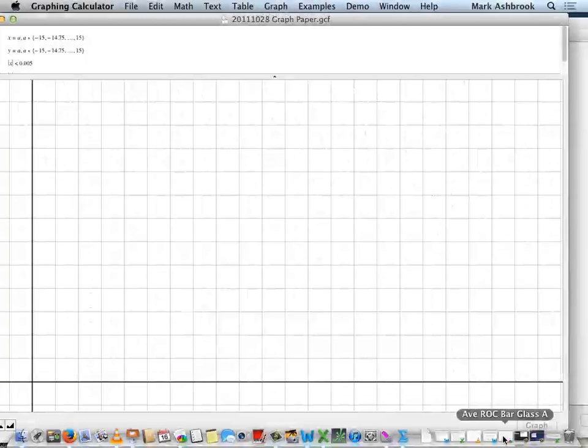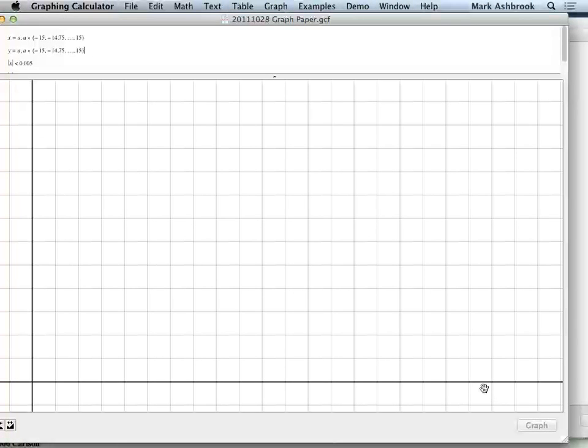all right, new situation. So this is going to be Mark's time since he started walking. And then this is going to be the dependent.